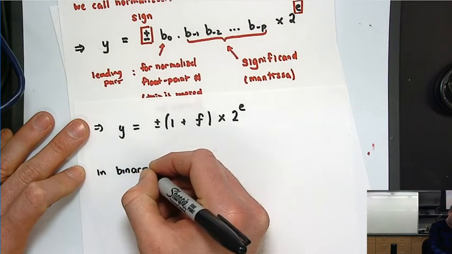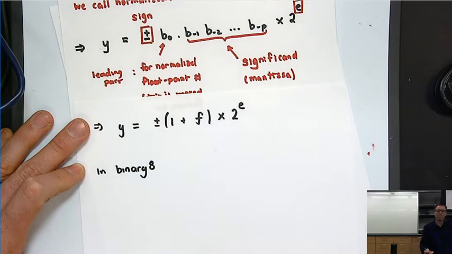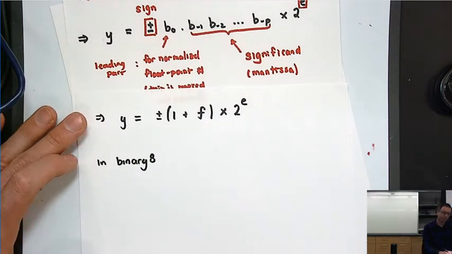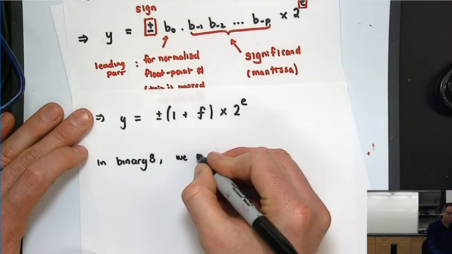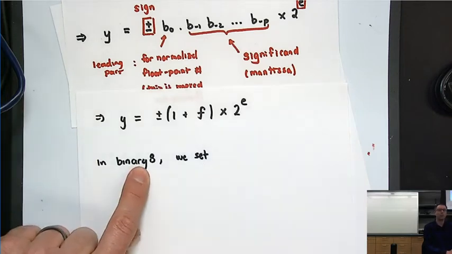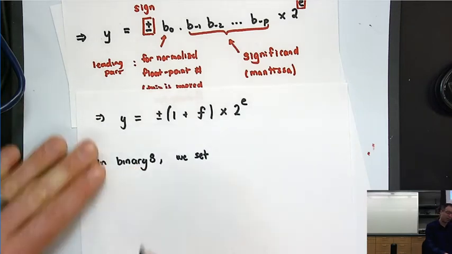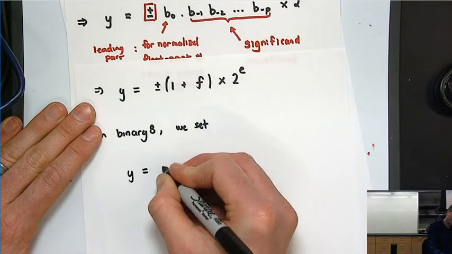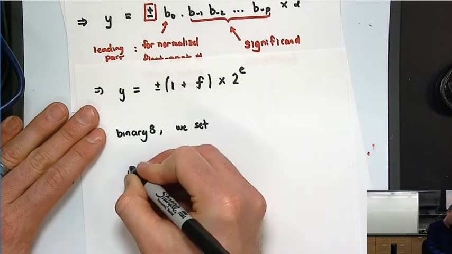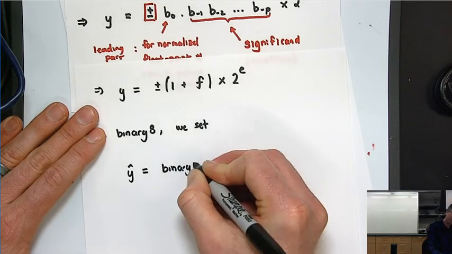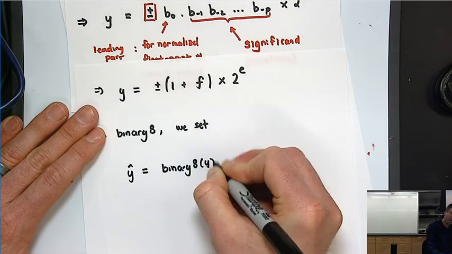Okay, so if I'm looking at a quarter precision number, in binary 8, how many bits do we have? How many total bits are we using in this data class? 8. Okay, so now we look at this as binary 8 of some number y.